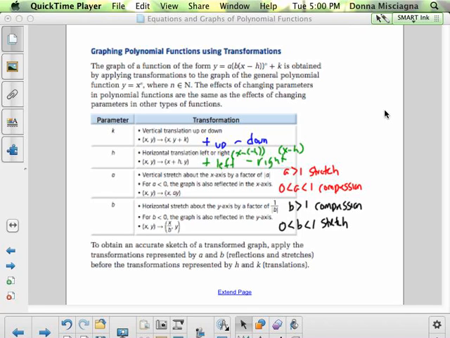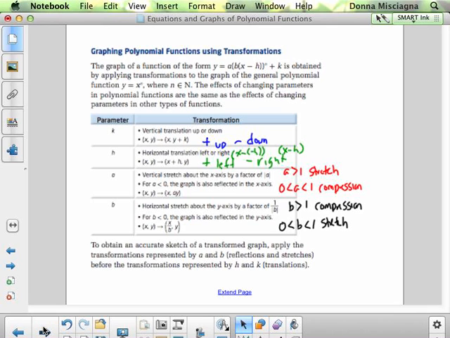So if we have a coefficient on x inside the operation, in this case, the operation would be raising to a power. So if b is inside those parentheses and is a coefficient on x, if it's greater than 1, it's a compression, and the factor would be 1 over b. If it's between 0 and 1, it's a stretch.